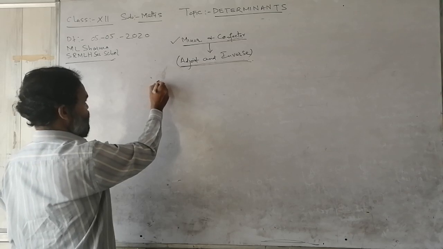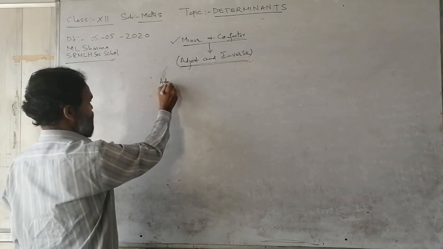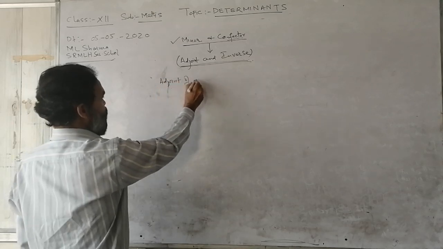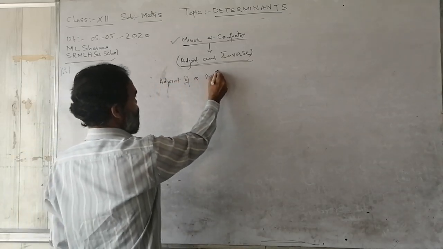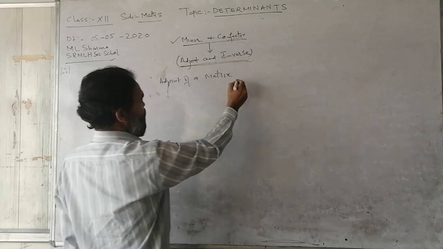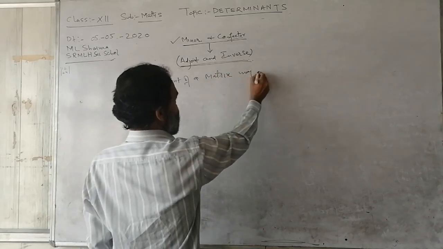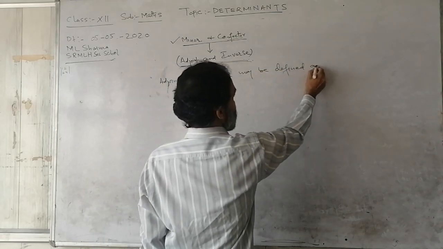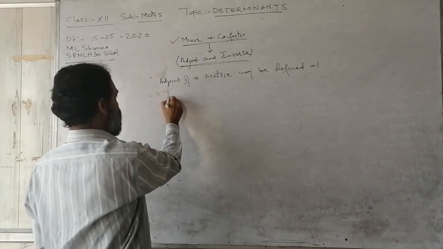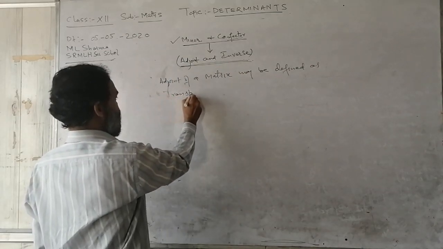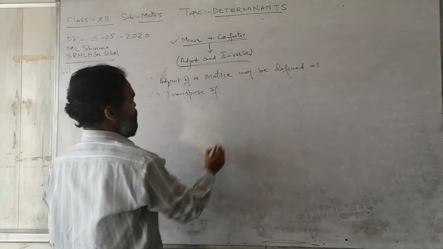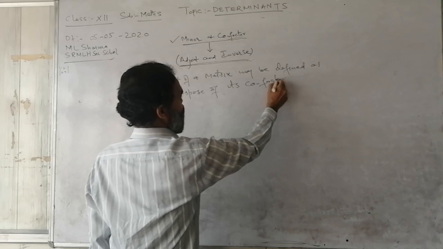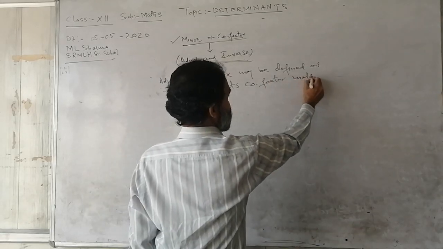So, the adjoint of a matrix may be defined as the transpose of its cofactor matrix.